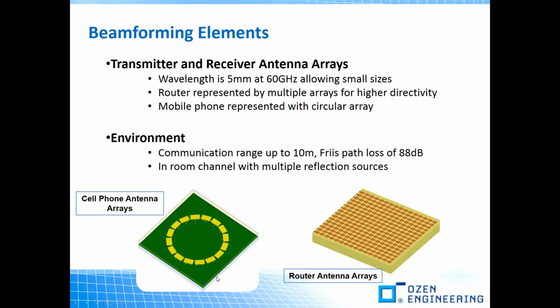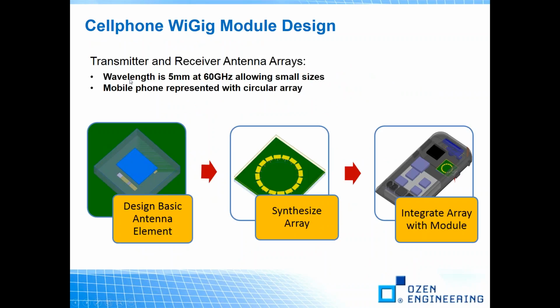So for this case, for example, the first step would be designing the antenna for the mobile device, and then designing the antenna for the router, and then look at the full system simulation. So first step, you can design the antenna in HFSS like in a Fourier space, and then do the full array analysis and array design, and then integration of the antenna in your platform, which here is mobile devices.